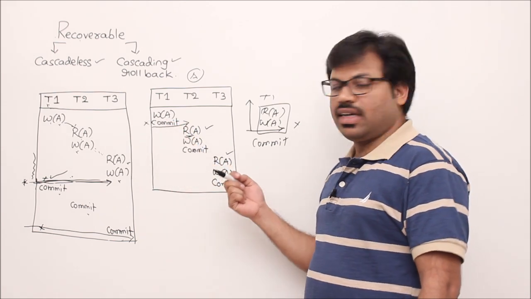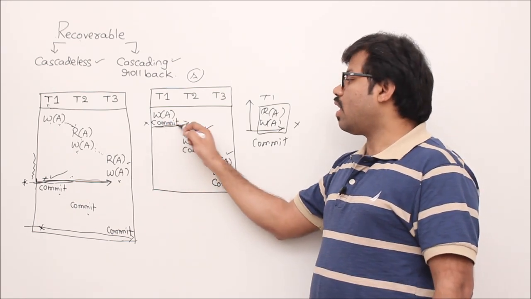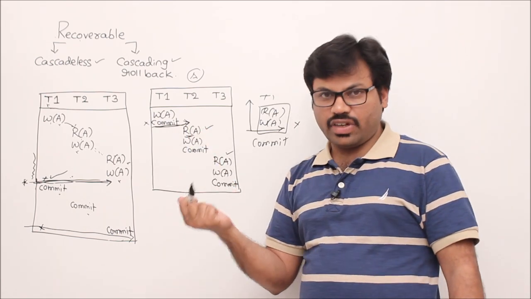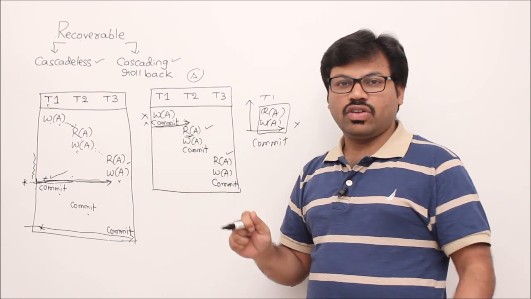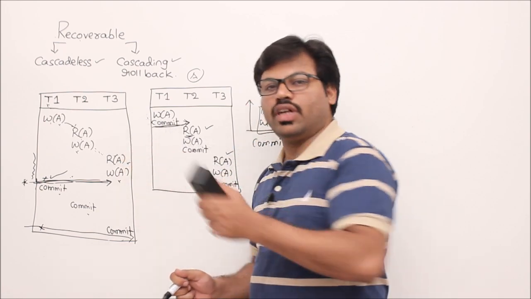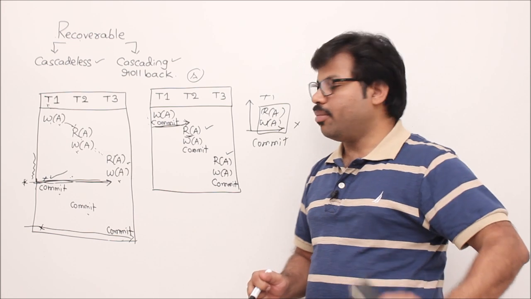If at all we cancel T1, it's all theory, right? Don't ask me this question, sir. After commit, if your DBMS is not able to retain the value of T1 and still T1 is cancelled, that is not possible in theory. In implementation also, no DBMS should do that. A committed transaction never needs to be rolled back. Remember it.